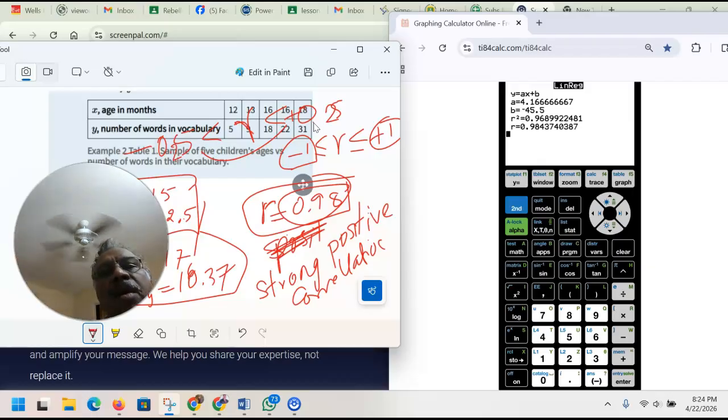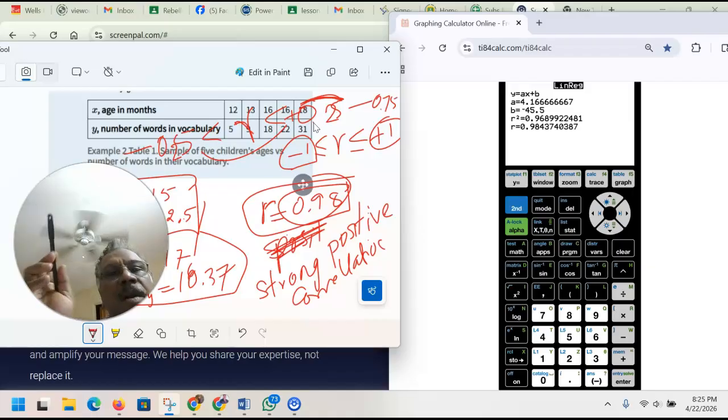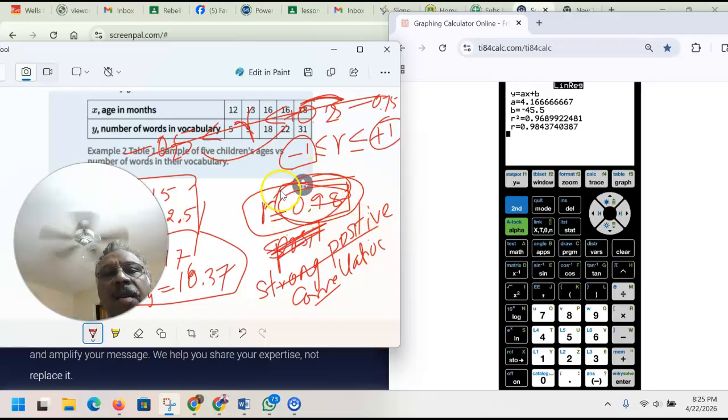The next one, from 0.25 to 0.75, is moderate. Anything more than that we can stop. Anyway, don't worry about it too much. Just remember this part. So we got this piece correct. Remember this answer, 0.98, is important.